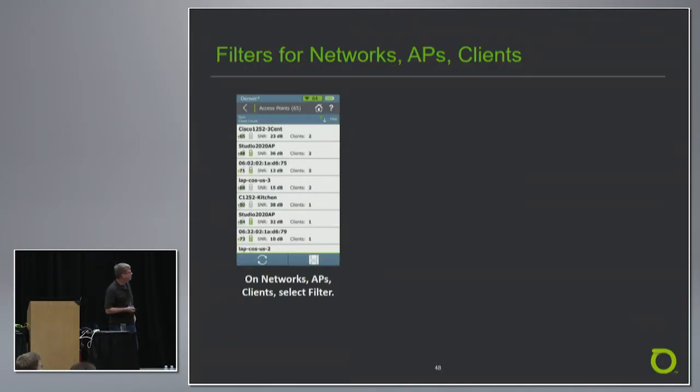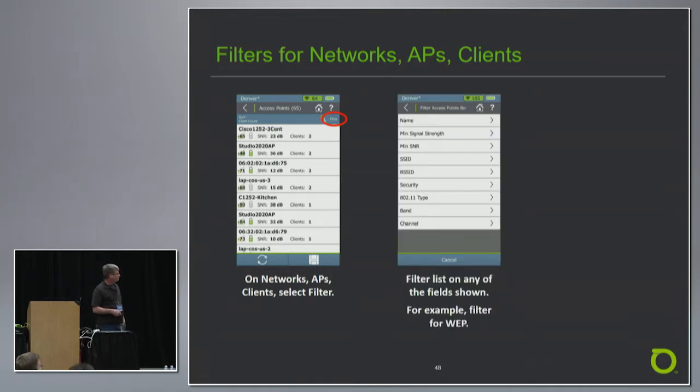Filters and sorting. Whenever you're on any of the network's access points or clients lists, if you select the filter up here, there are various things you can do. You can filter on any number of fields. For example, you can filter on security. Let's say in your network you want to see if any of your access points have been set to WEP.